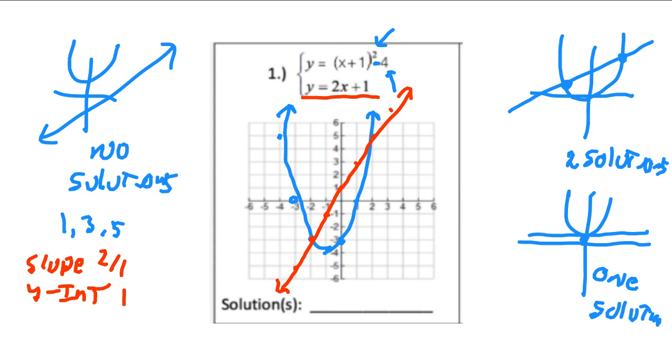So my answer to this problem will be (-2, -3). That's 1 point. And my other point is (2, 5). That is a solution to this system of equations using graphing as my method.